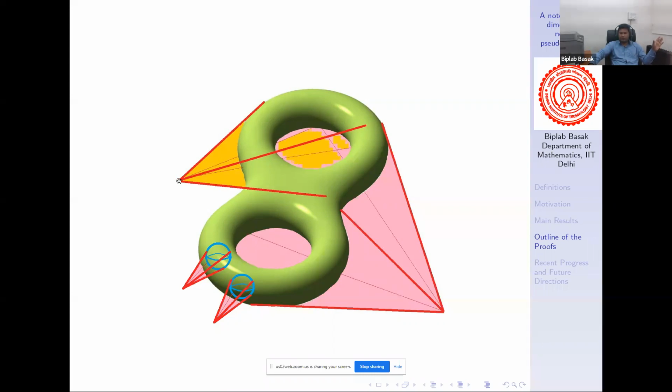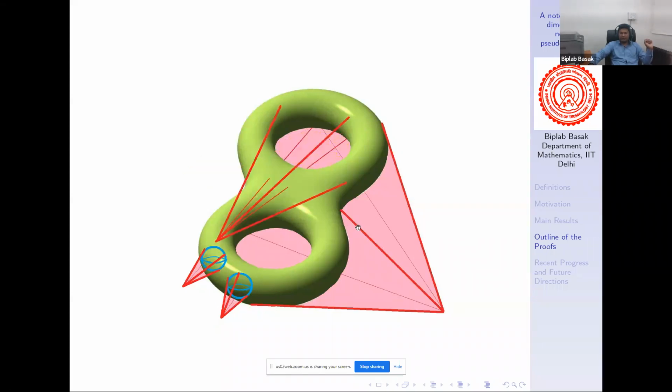So this vertex should be somewhere here, by Kalai's result.